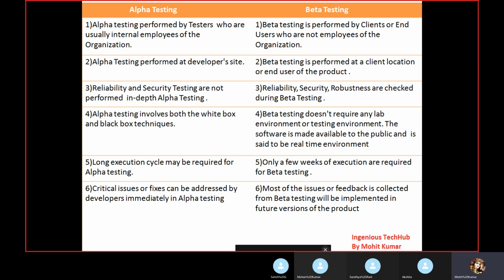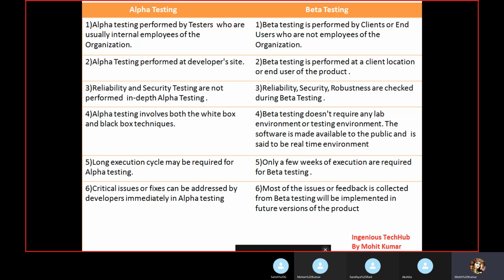Got it, right? And only a few weeks of execution are required for beta testing. We just see and take the time to check how this application is working in the client environment or not, right? If it works fine, then it is fine. Critical issues or fixes can be addressed by the developer immediately in alpha testing.